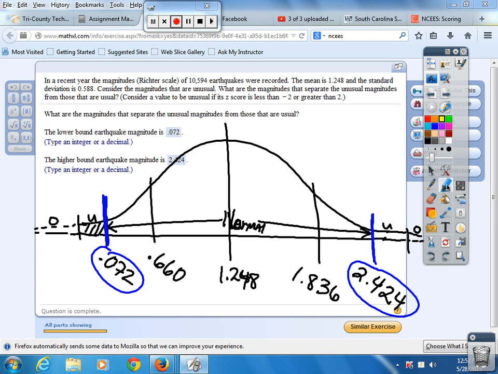Whenever, and this is true in this class until we take the final exam, if you're given the mean and the standard deviation somewhere in the problem, you're going to draw this bell curve. Okay? So the mean and the standard deviation. What number is a red herring? The 10,594?